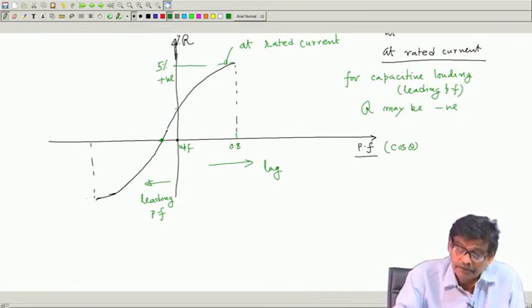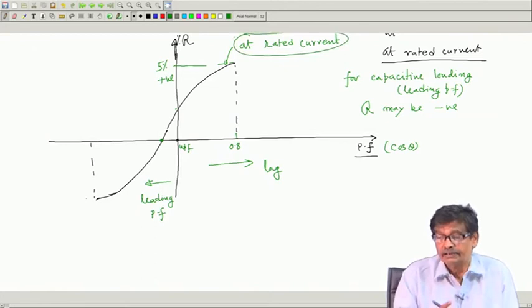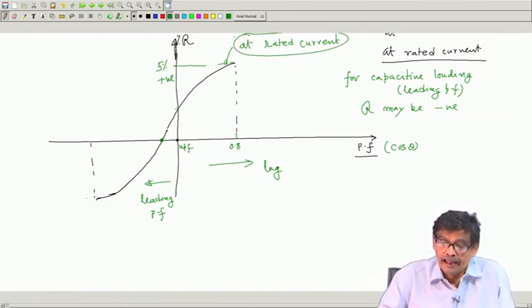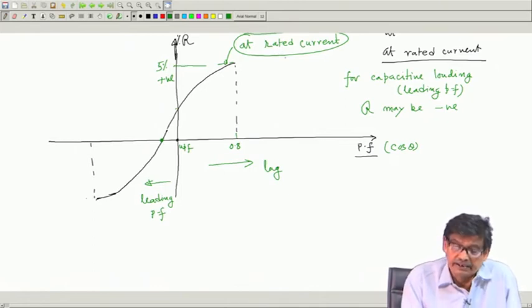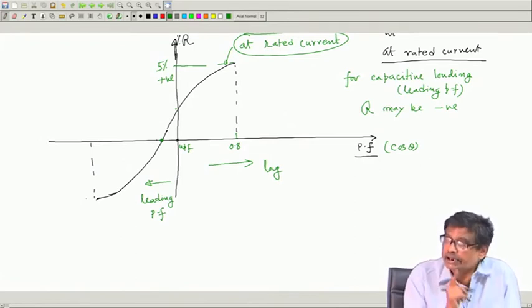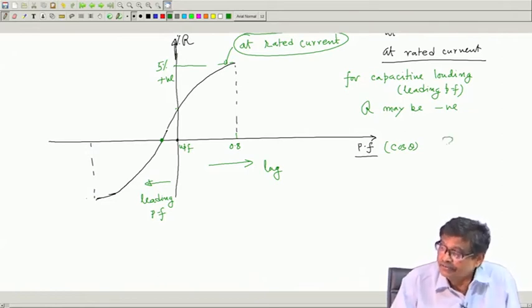So, this curve must be attached with this tag, that is at what current you are doing, at full load current, and you are varying power factor. So, for rated current, there exists a point when the regulation may become 0, indicating that no load condition, record this voltage.